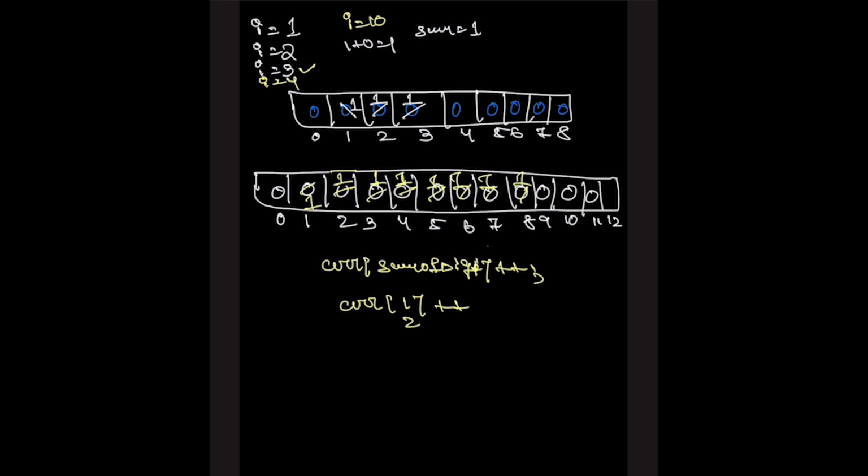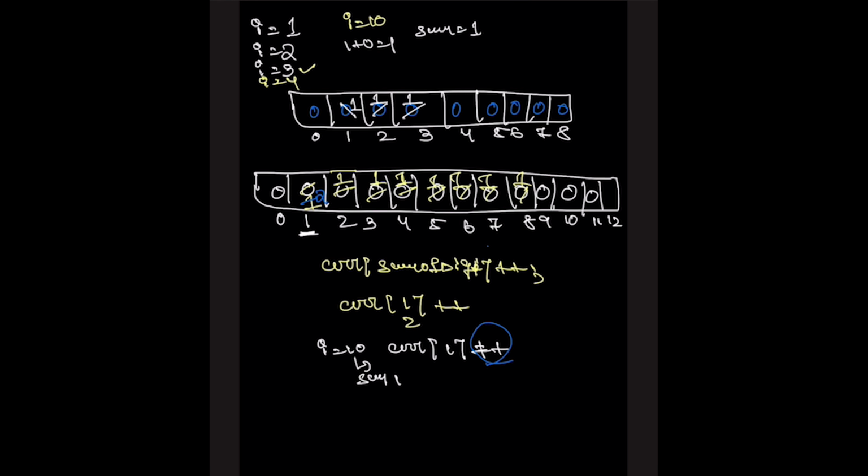Now while i equals 10, its value is 1 because it returns the sum 1. Then plus plus, so arr of index 1 updates the value from 1 to 2.